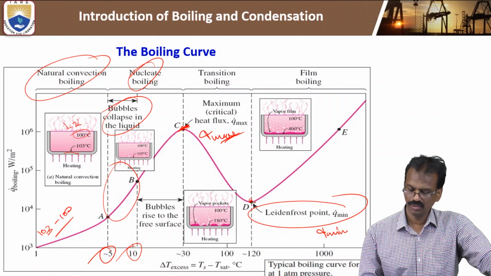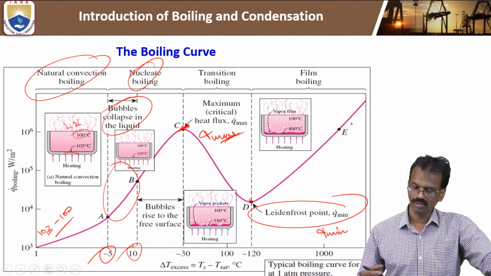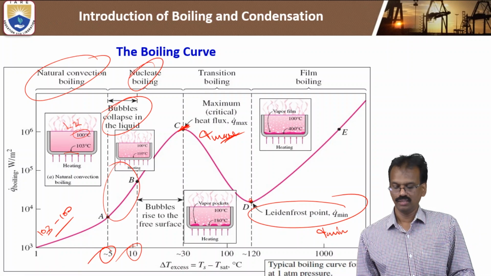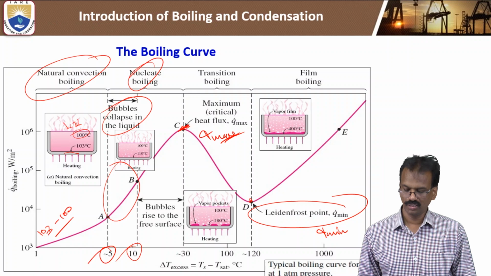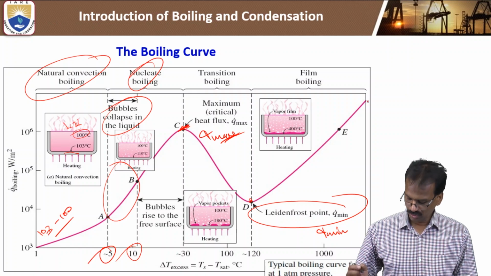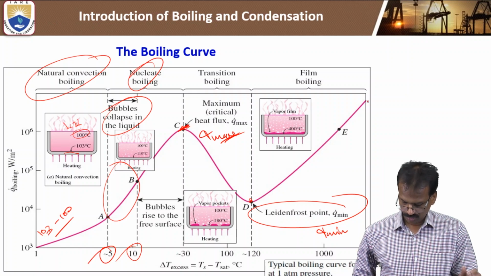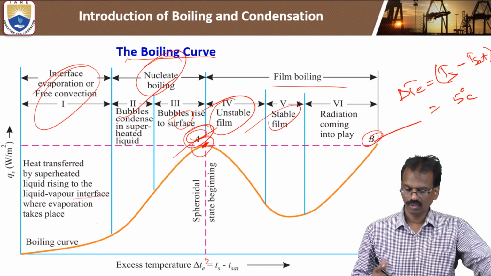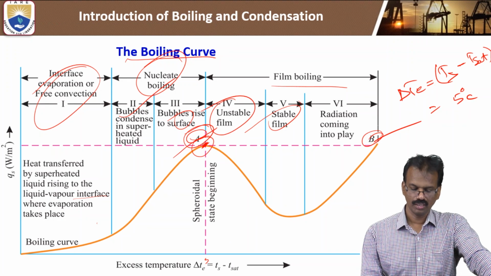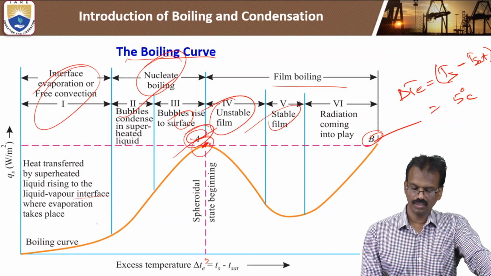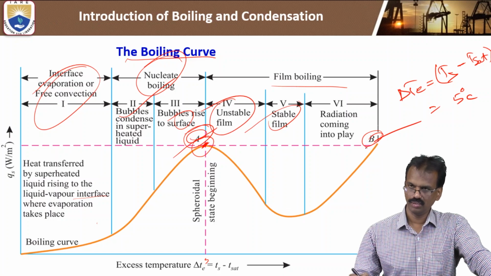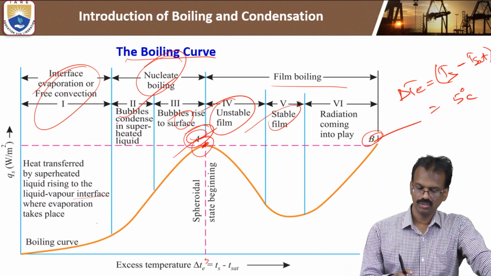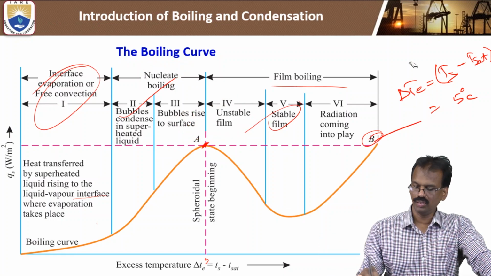Due to this radiation, the heat transfer rate or heat flux increases rapidly. So first the heat transfer rate will increase, then decrease, then increase rapidly. So these are the phases of boiling.